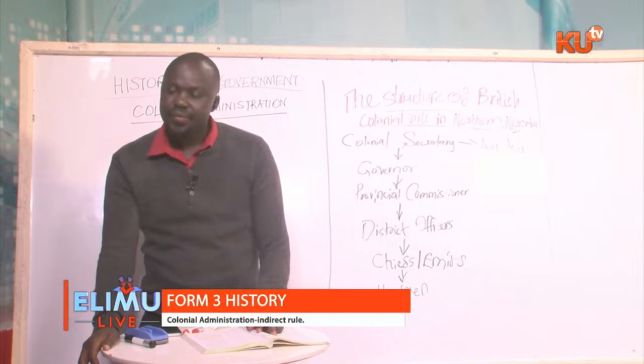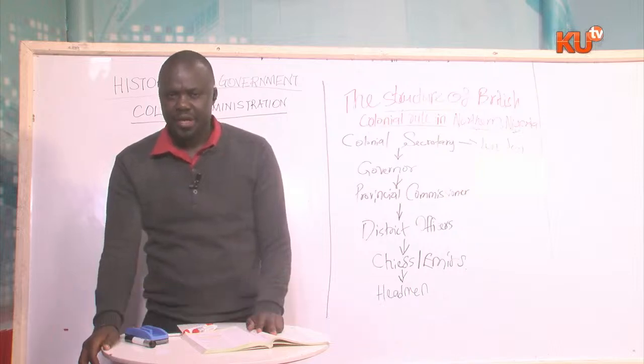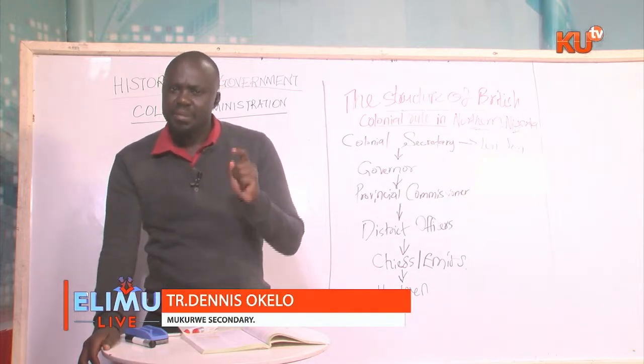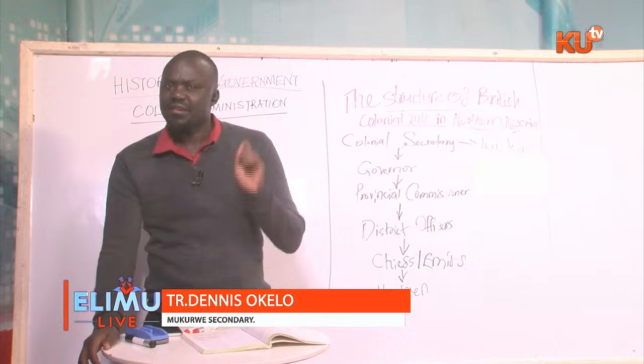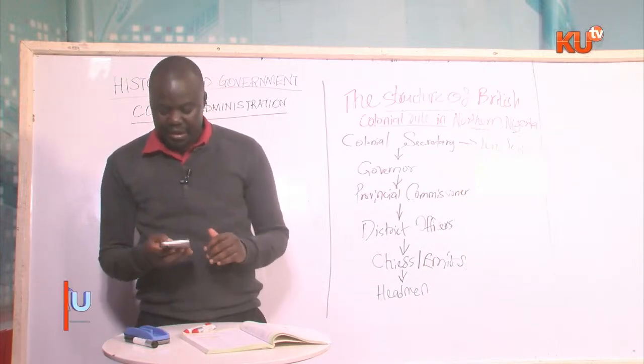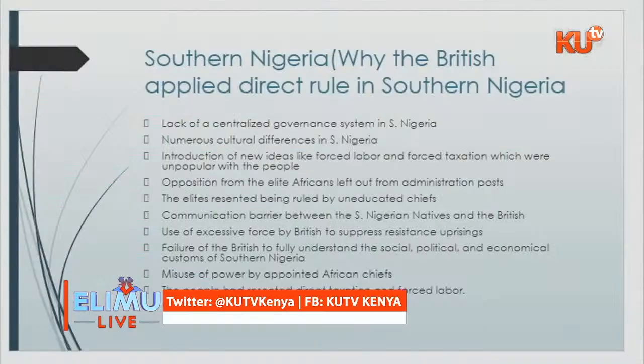So he chose to use what is called direct rule. Now, various factors that I'm going to mention are the reason why the British chose to use direct rule in southern Nigeria and Lagos. These are the factors and I'll explain each one of them to you. Number one, the lack of a centralized governance system in southern Nigeria.